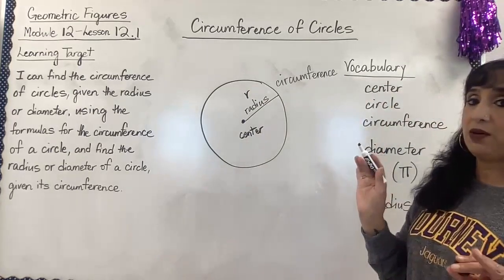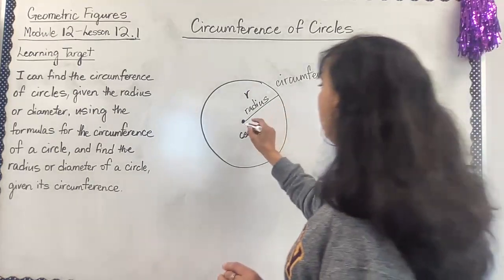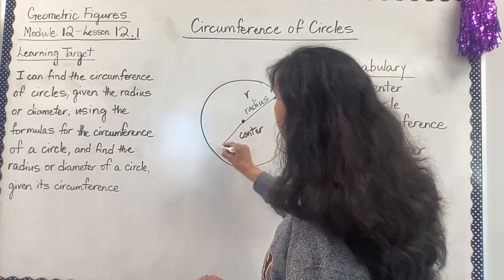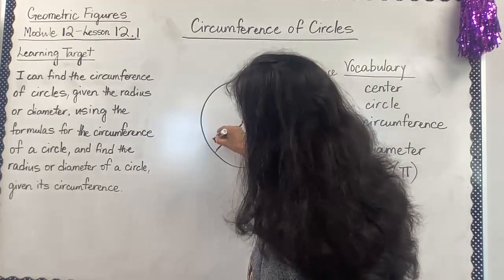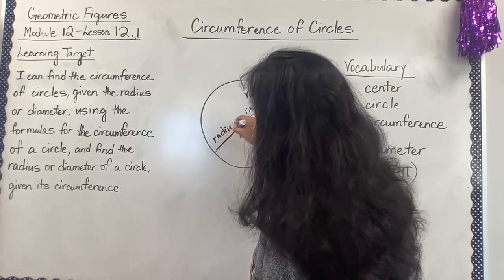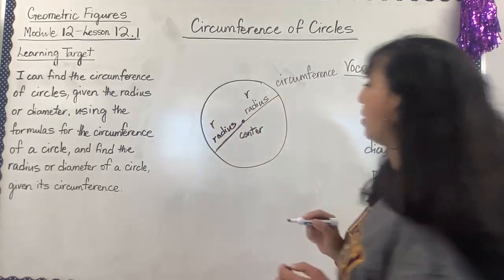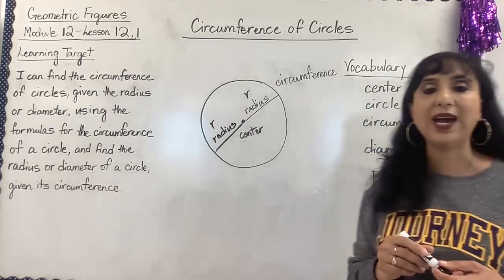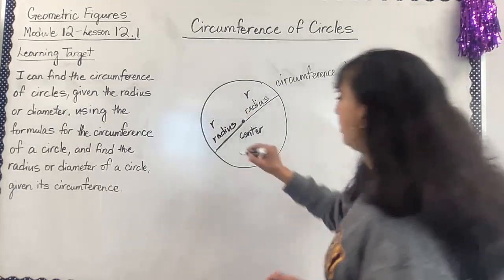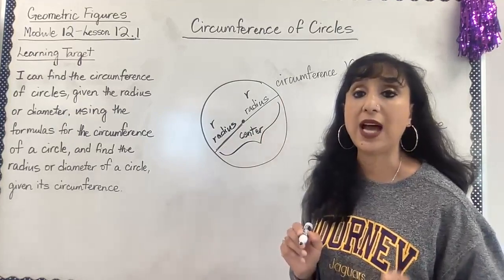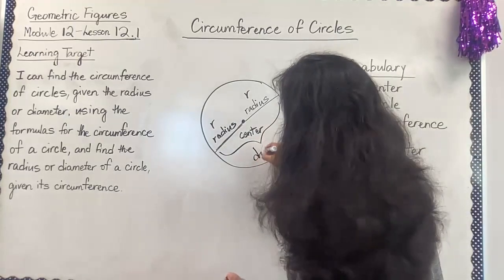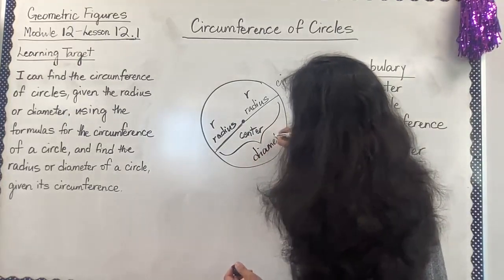Now look what I'm doing. I'm taking this radius and extending it to the other side. Just this much is also the radius. It doesn't matter, this is represented by r. Now, this whole thing is called the diameter.